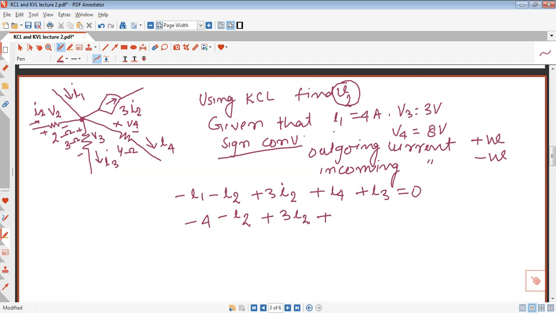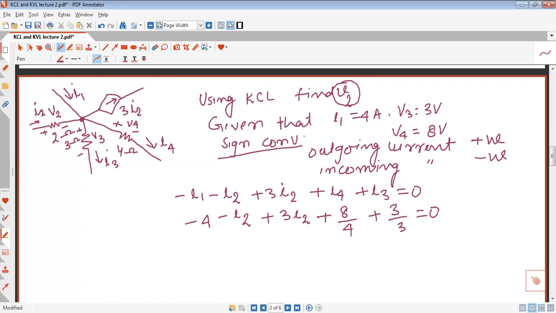You can see here the voltage V4 is given as 8 volt. From Ohm's law, voltage by resistance, 8 by 4, so I4 is 8 by 4 plus I3. Here we can see V3 is given as 3 volt and this resistance is 3 ohm, so I3 will be 3 divided by 3 by Ohm's law, equal to 0.